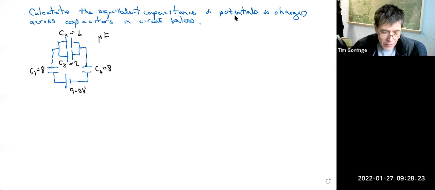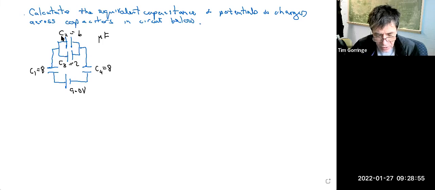Before I go ahead and calculate the equivalent capacitance and the voltages and the potentials, I'm actually going to draw an equivalent circuit to this arrangement of 4 capacitors that will assist us as we work through the problem. So in this equivalent circuit, I'm going to combine these 2 capacitors that are in parallel with one another.